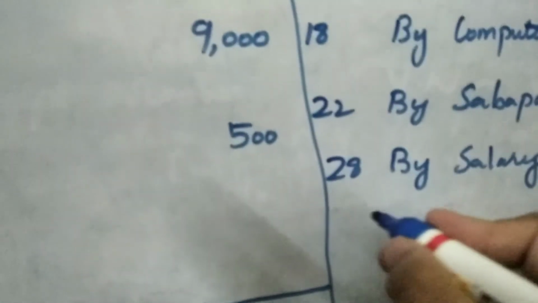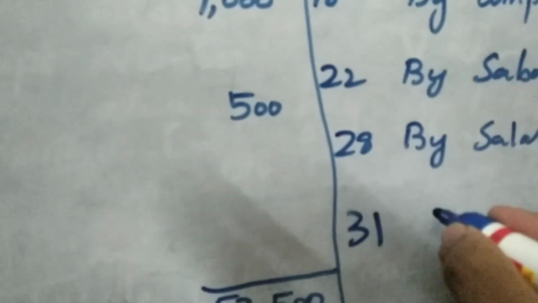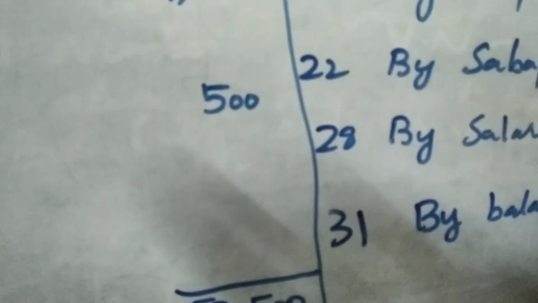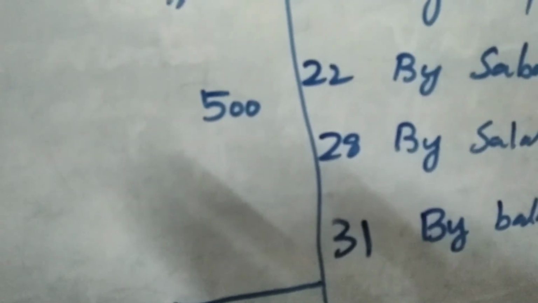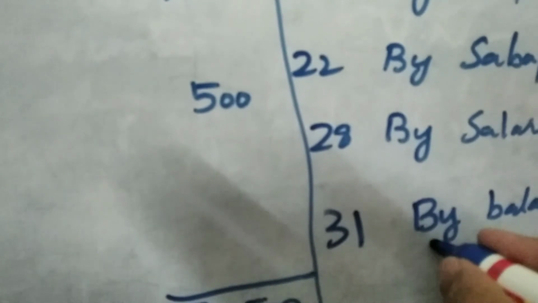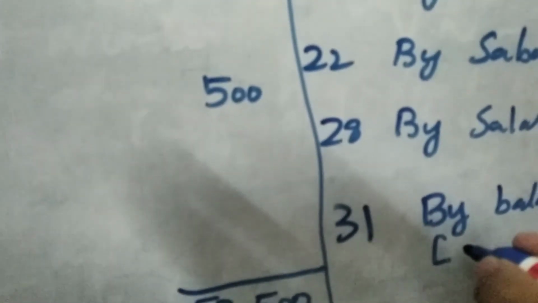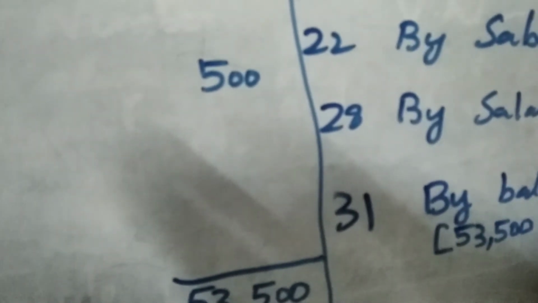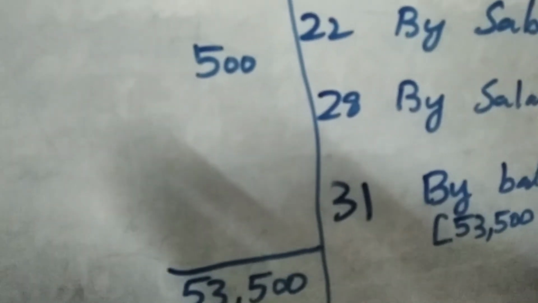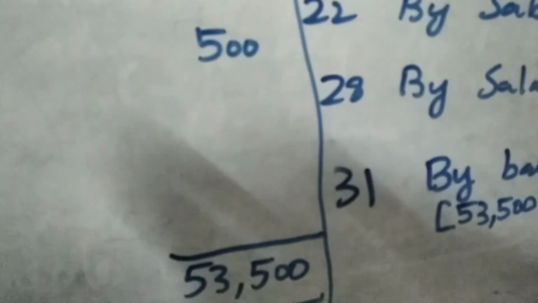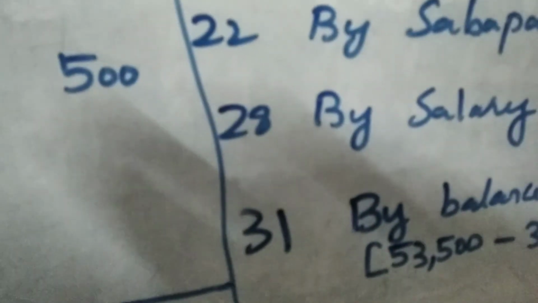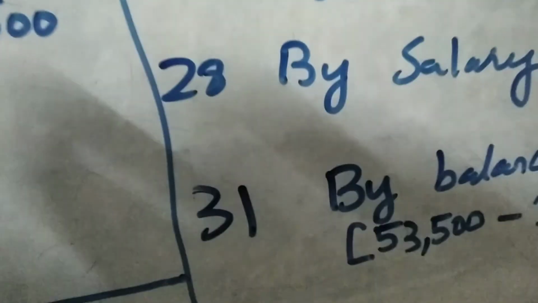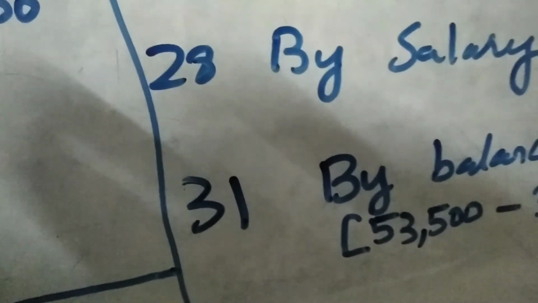Right? So on 31st of May, this is the closing balance. By balance carry down, I am just writing this here, 53,500 minus 30,500. So when you put the total, here you are getting 30,500.